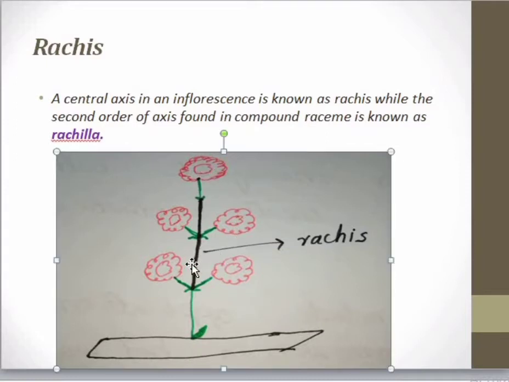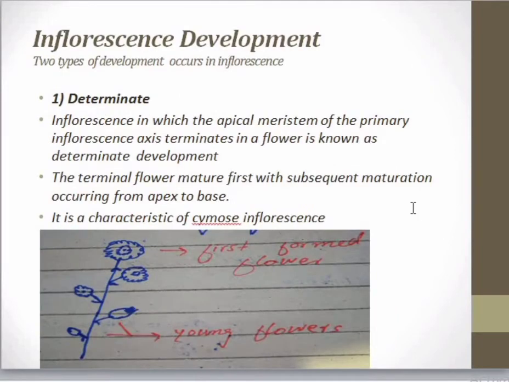These are the pedicels of each individual flower, while this main axis is known as the rachis. Now, if there is a second order of axis, like this is the main axis, and here is the other axis on whose sides flowers are present, it will be known as the rachilla.